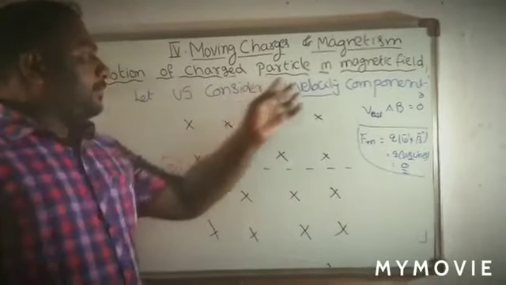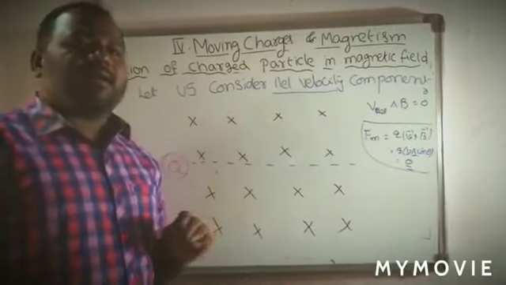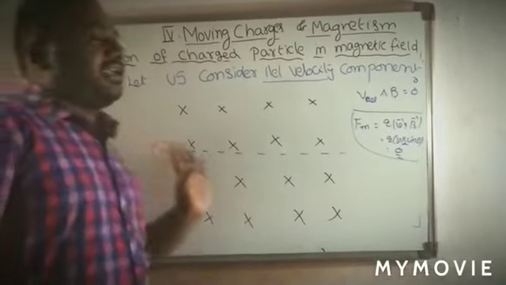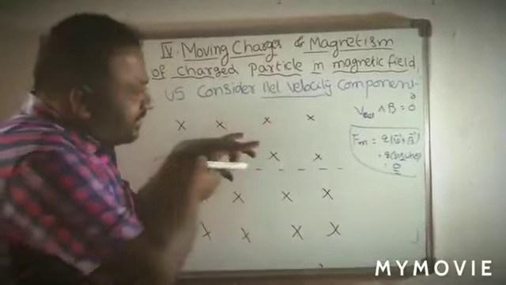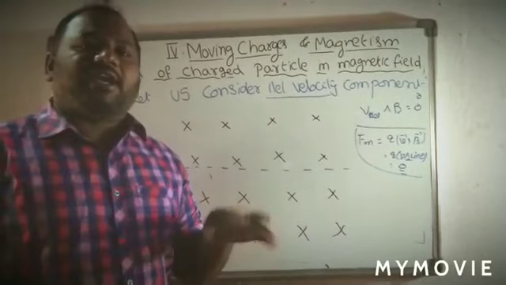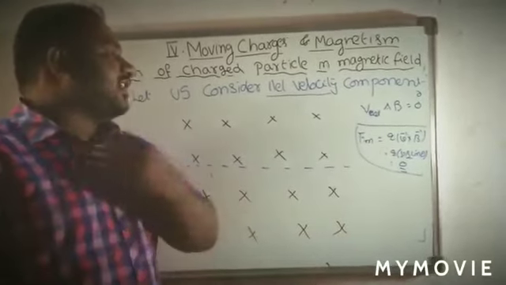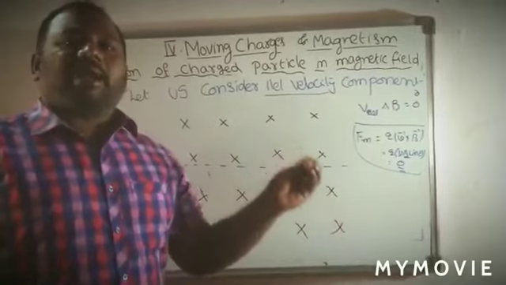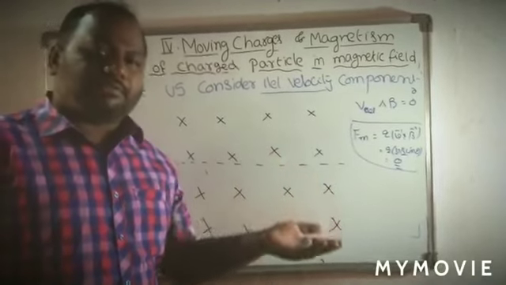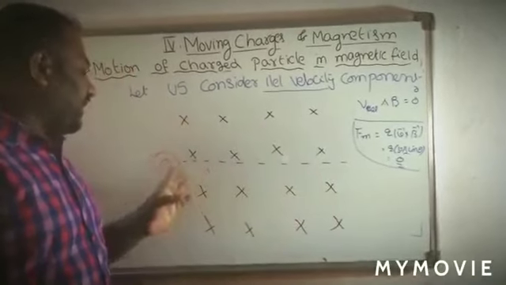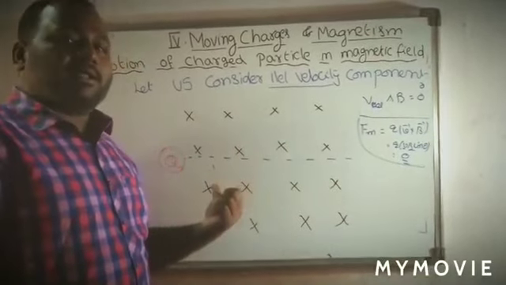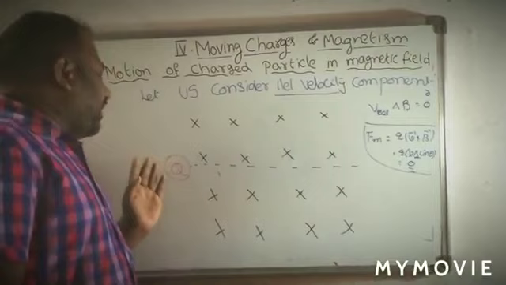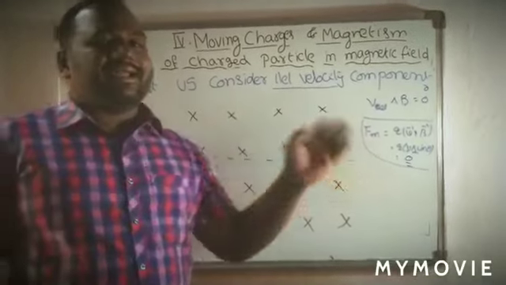Due to the parallel velocity component, the charge is also moving along the magnetic field. Why? Because the field does not show any effect on it. The magnetic field is not applying any force. Due to that, the magnetic field is not affecting the charge path. So it is moving in a linear direction.